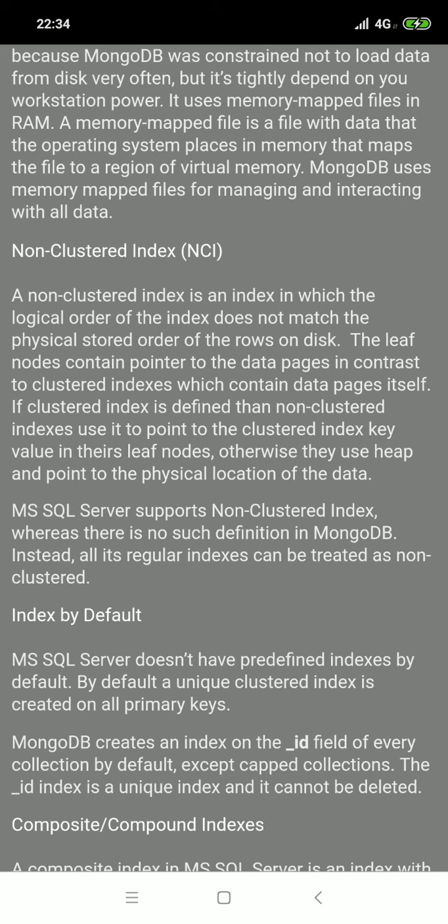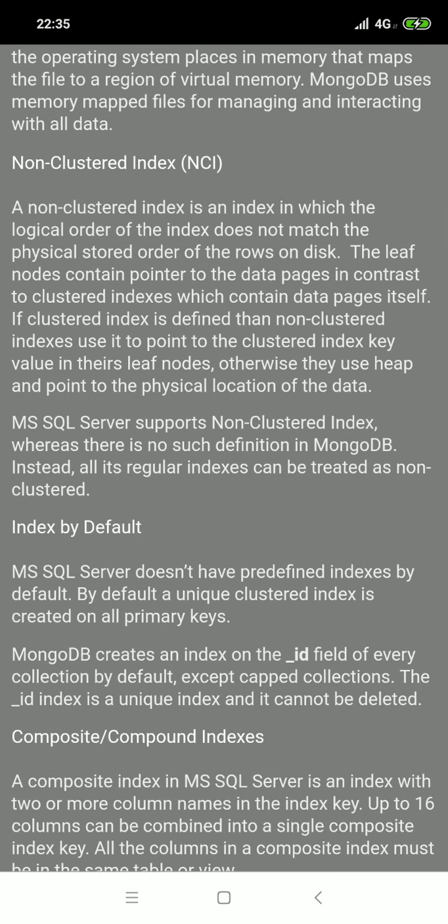If a clustered index is defined, then non-clustered indexes use it to point to the clustered index key value in their leaf nodes. Otherwise, they use the heap and point to the physical location of the data. MS SQL Server supports non-clustered index, whereas there is no such definition in MongoDB. Instead, all its regular indexes can be treated as non-clustered.